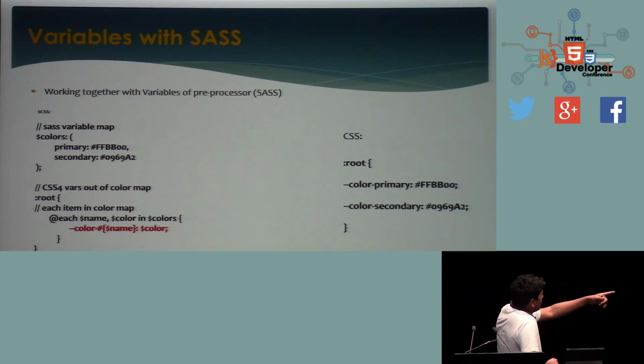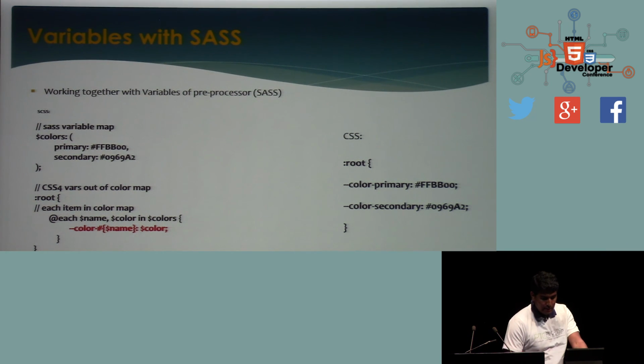And this is how it would translate on the right-hand side to CSS. So this is a small sample I was able to find. Again, if you're trying to use both in combination, this is one of the solutions you could look at in the future.